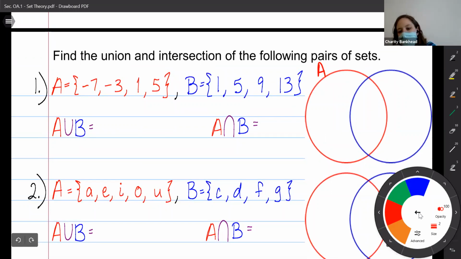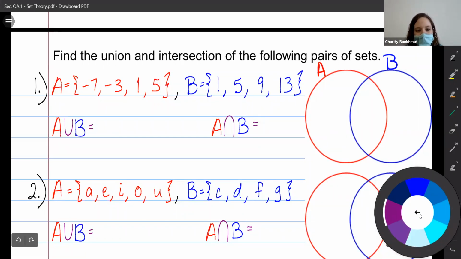If we want to find the union and intersection of these sets, I like to do my Venn diagram first. I always like to start with the intersection. What do those two sets have in common? Well, they both have 1 and 5. So in my Venn diagram, I would put 1 and 5 in the middle.